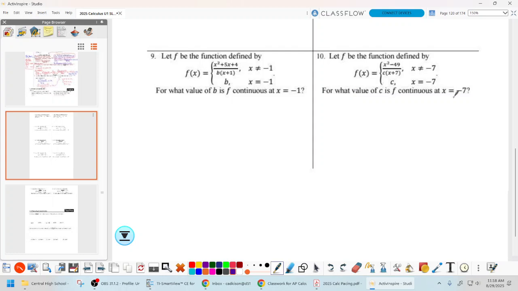Okay, for what value of c is f continuous at x equals 7? Yesterday you got pretty good at saying let's just set the two pieces equal. But I do want to note that notation on these should really be a little bit tighter than what I showed you. I should have just showed you this a little bit better. Can we plug in -7? Let's start there. To solve for c, can we plug in -7?